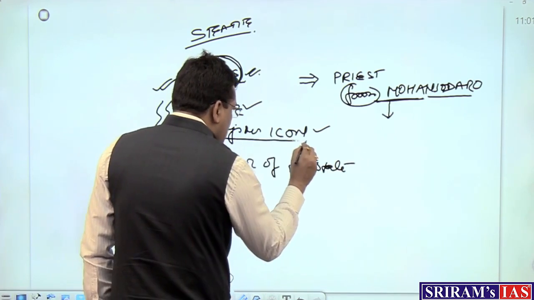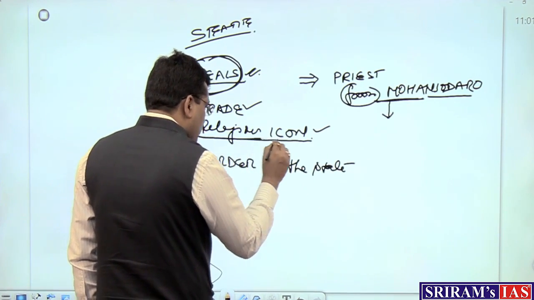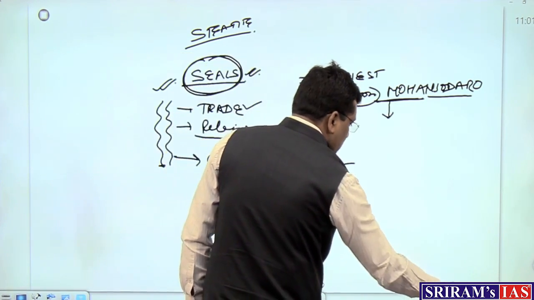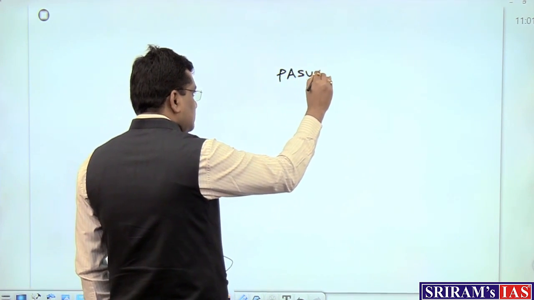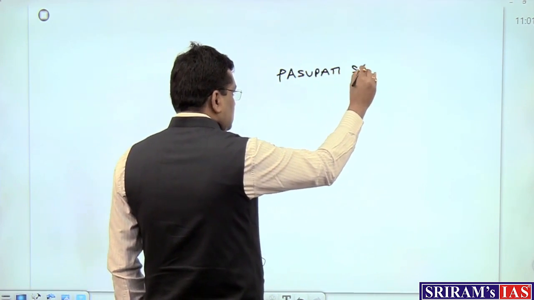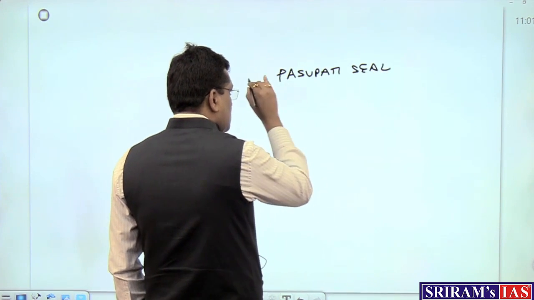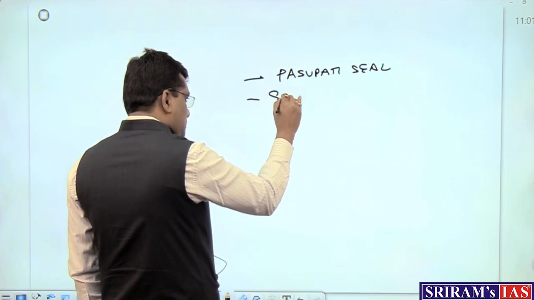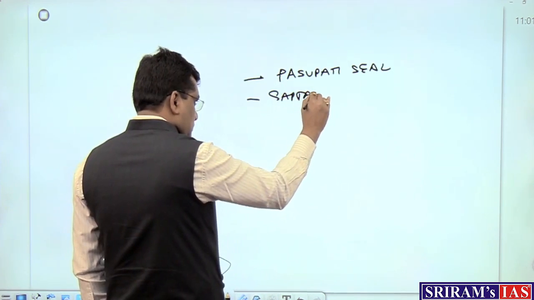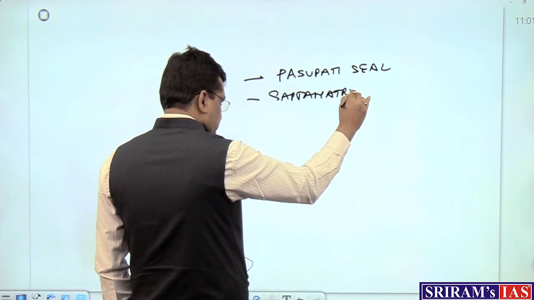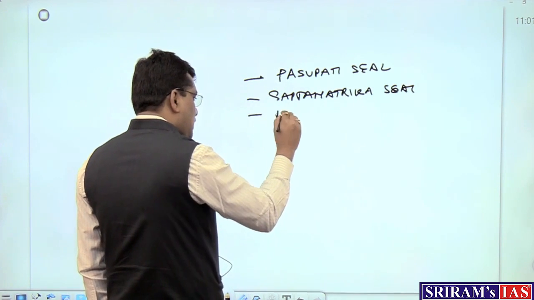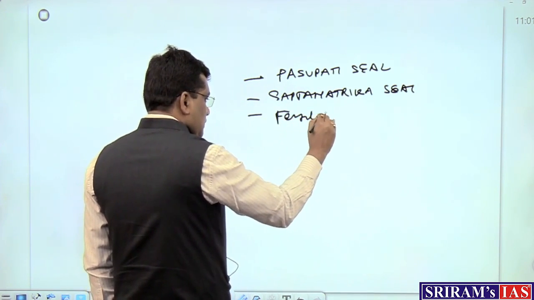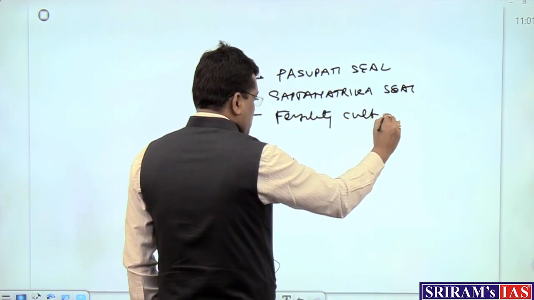Many religious cults of the Harappans we can find from the seals. For example, we have a Pashupati seal. Saptamatrika seal. Seals related to fertility cult, earth worship.